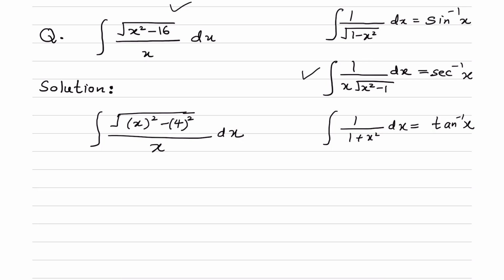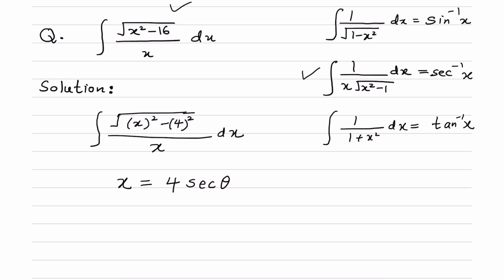Look at this term: inside the square you have the variable x, so you will write x is equal to, and inside the square there is 4, so you will write 4, and since this is the secant substitution, secant theta.